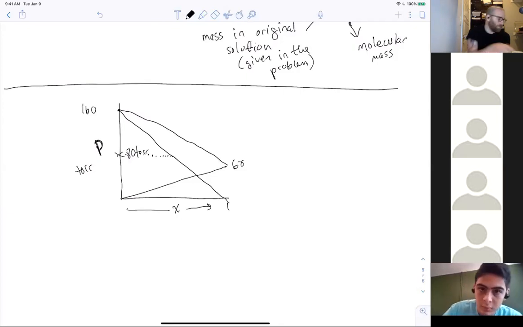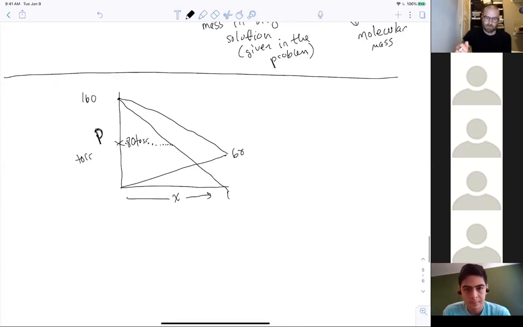This is weird because they haven't labeled it very well. So X of A is increasing in this direction.